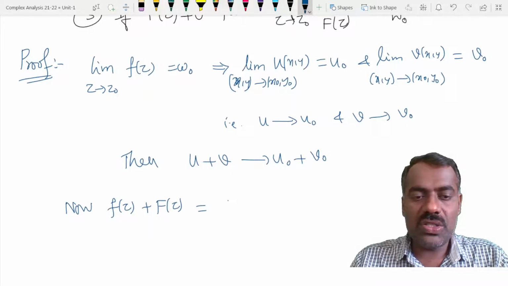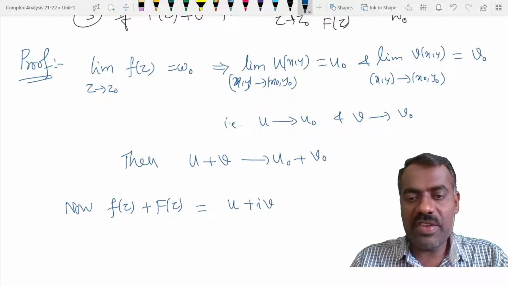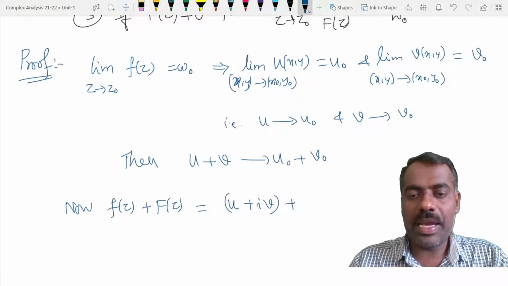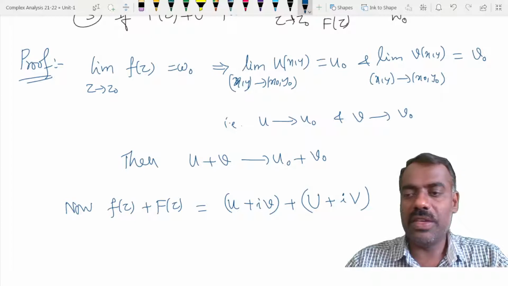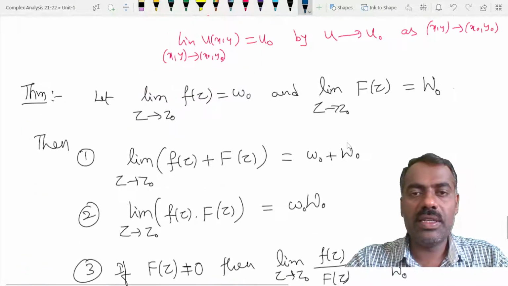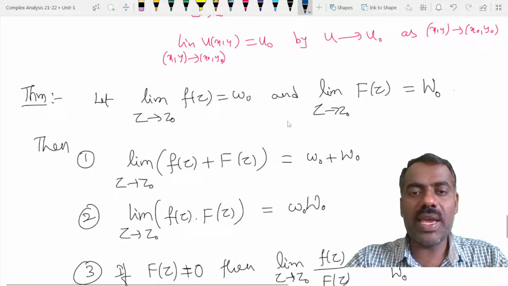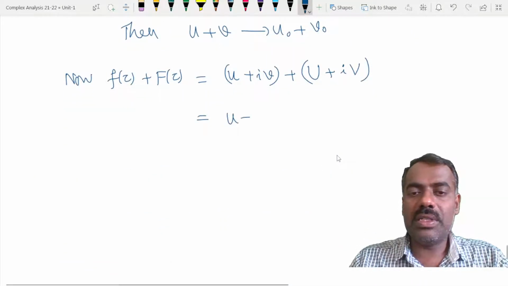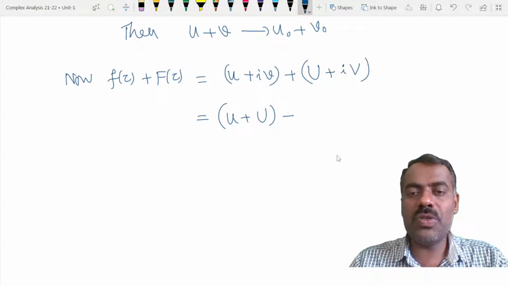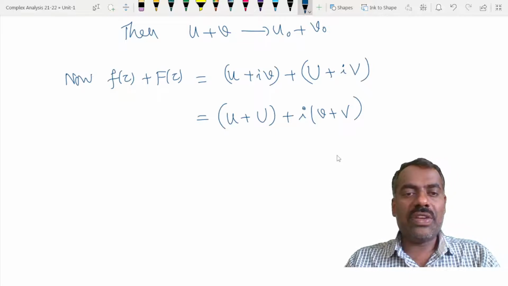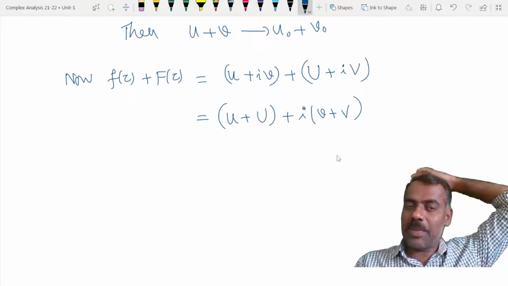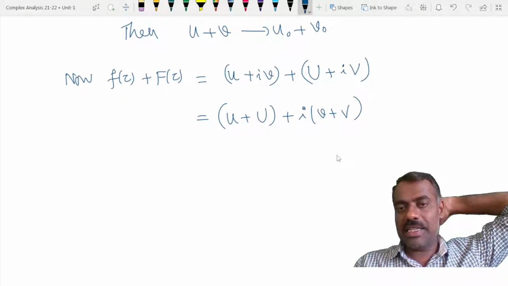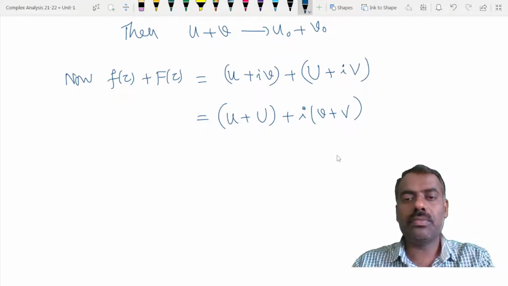If you write f as u plus iv, and capital F as capital U plus I times capital V, then if you club together the real parts, this is u plus capital U and I times v plus capital V. So whatever you have, f of z plus capital F of z is this way. Is this clear?